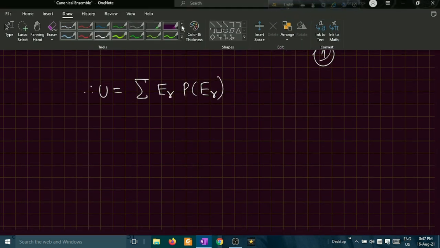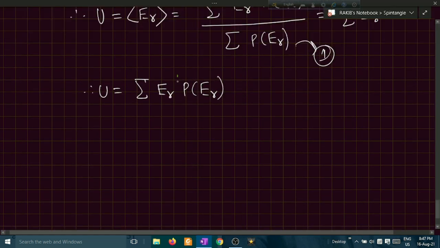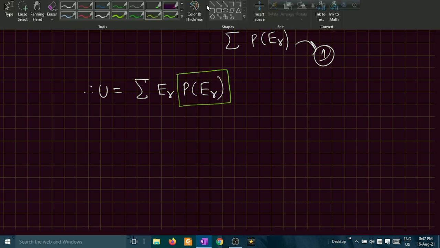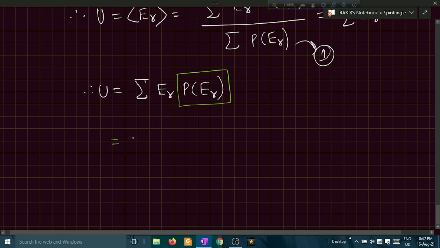We discussed in the previous topic that it is gr e to the power minus beta Er over the summation of gi e to the power minus beta Ei.